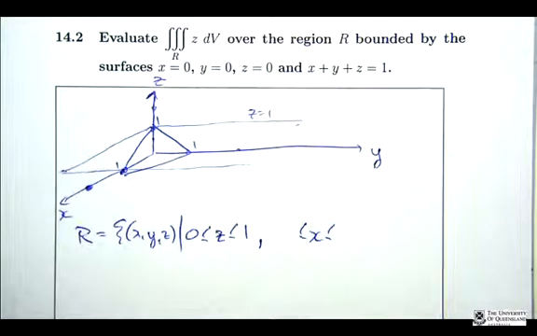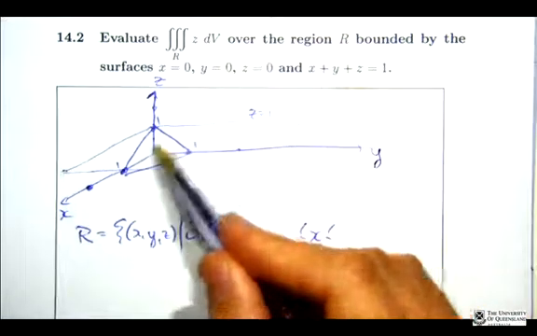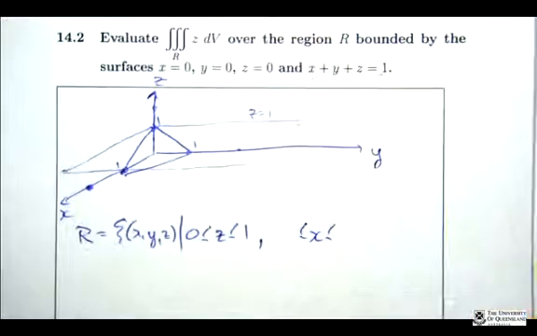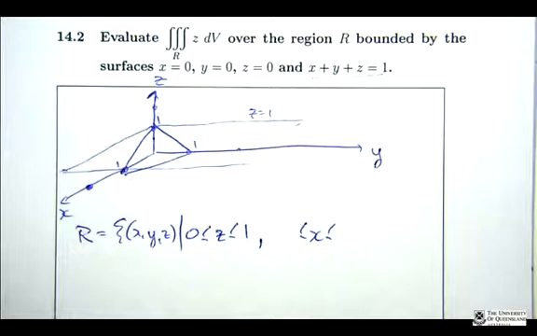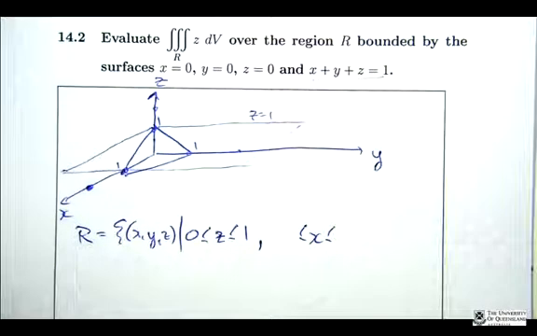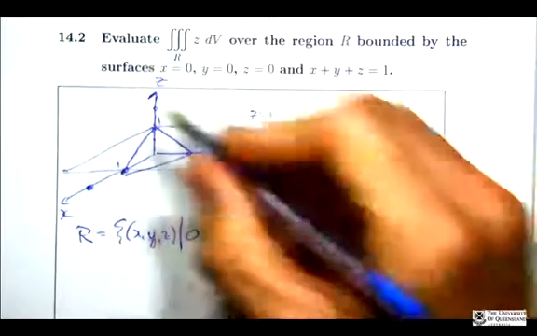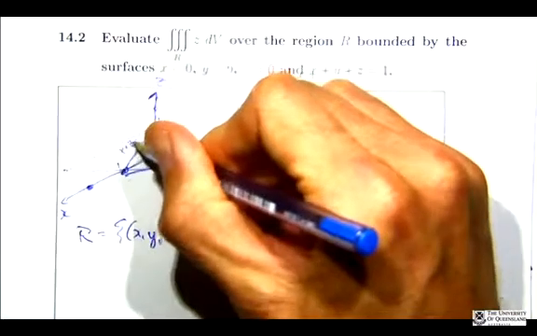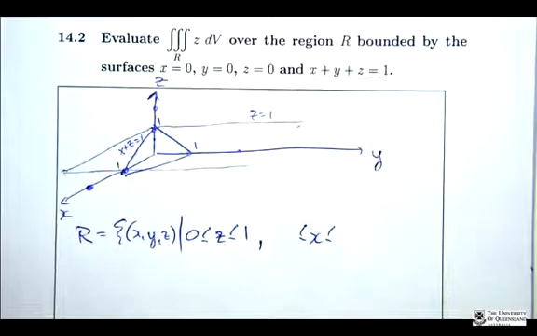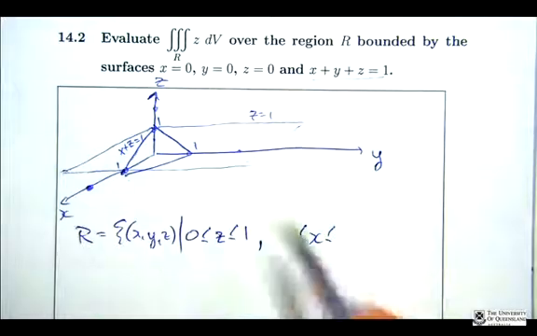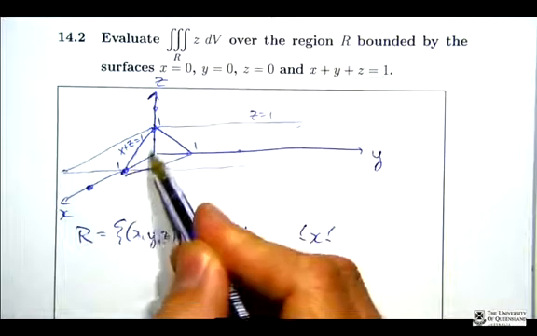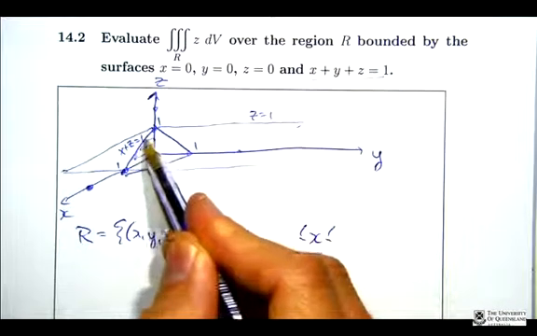I'm not concerned with y just yet. Since this plane has equation x plus y plus z equals 1, if I set y equal to 0, the equation for that line in the xz plane is just x plus z equals 1.